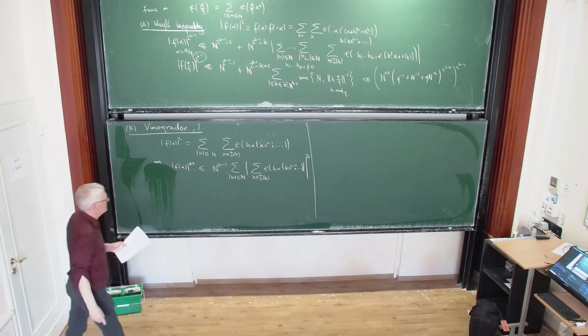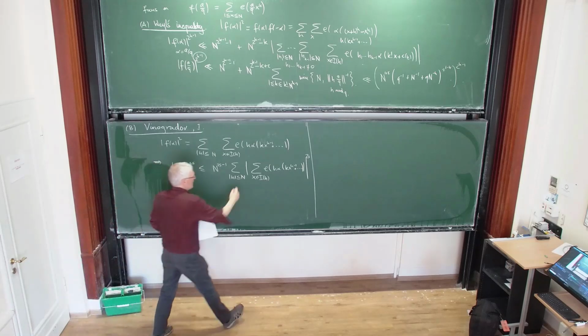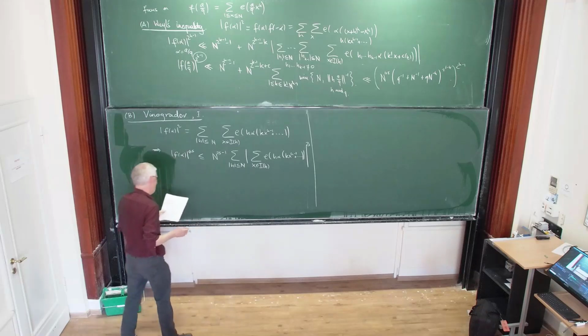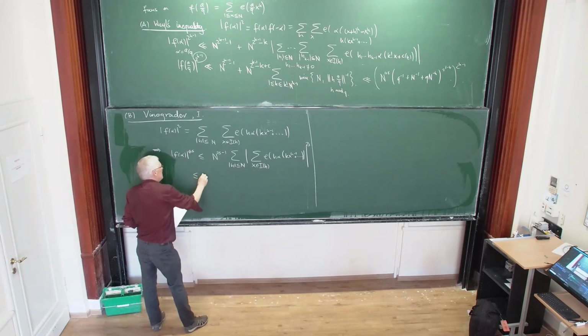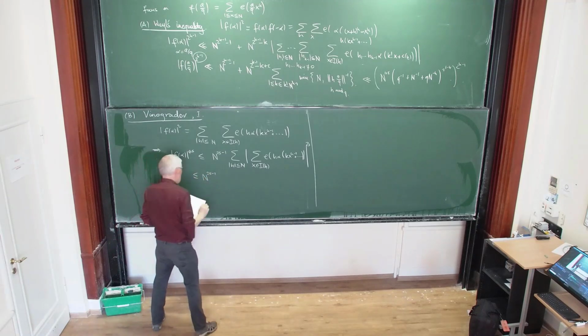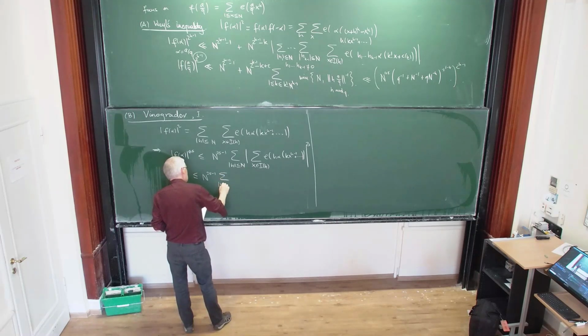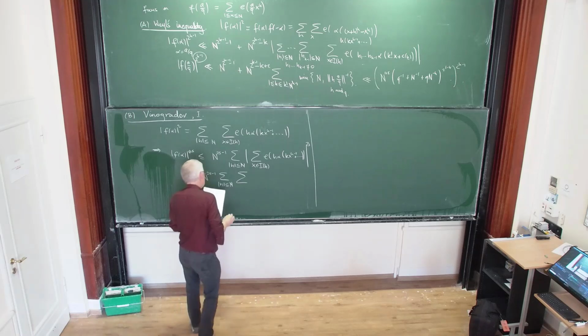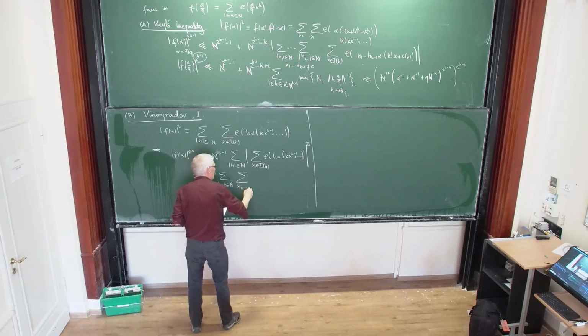Right, so I've got a 2s power of an exponential sum over x on the inside of this expression. And so if I expand this out, I can think of it as a sum over 2s variables.